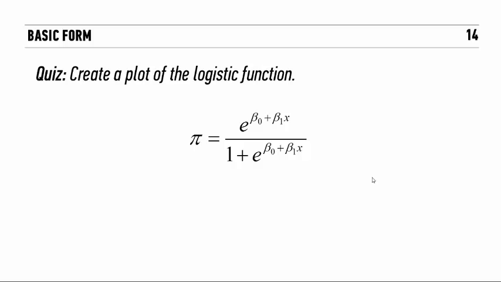Go ahead and plot xy coordinates. Y is the probability of class membership, X is just x. What is the shape of this for an arbitrary beta? I'll give you beta values so that we all get the same plot. Let's say beta naught is equal to 0, and beta 1 is equal to 0.5.